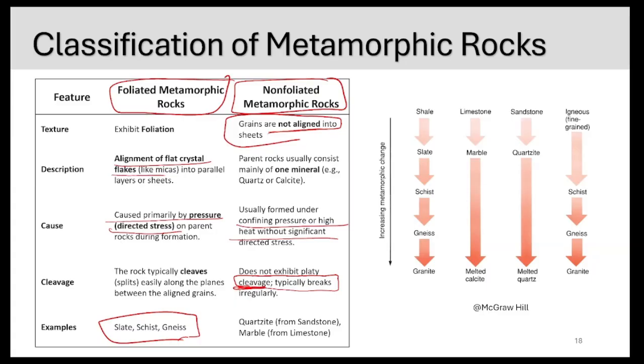They do not show cleavage in their structure. If you look at foliated rock like mica, you can clearly see cleavage in its structure. Examples of non-foliated metamorphic rock are quartzite from sandstone, or marble formed from limestone.